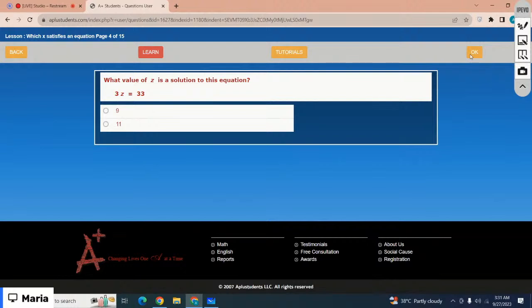The correct option is you have to divide both sides of the equation by 3. So the correct option is yes, that would be 11. The value of z is 11.